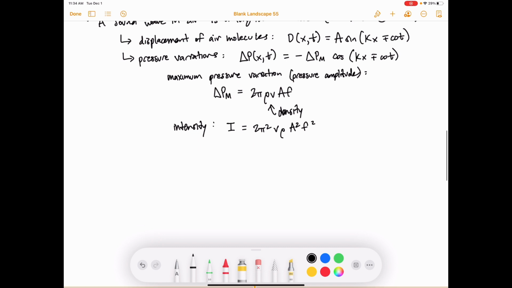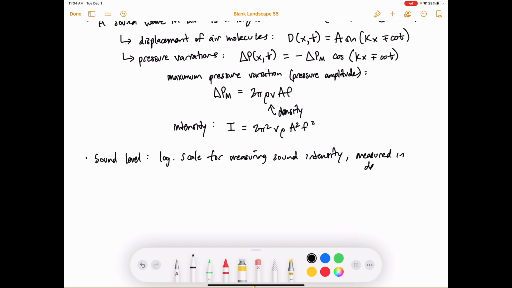Now, related to intensity is something called sound level. So the sound level is a logarithmic scale for measuring sound intensity. And it more closely lines up with the way we perceive sound intensity. We measure it in decibels, or dB for short.